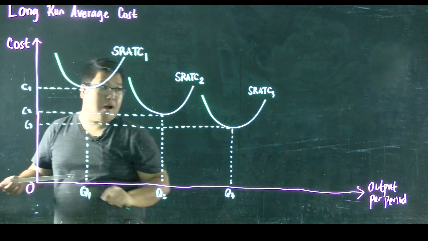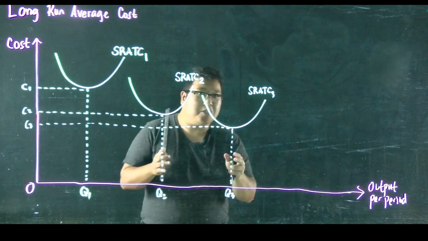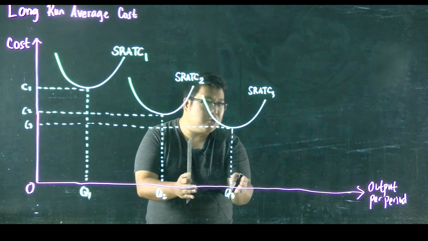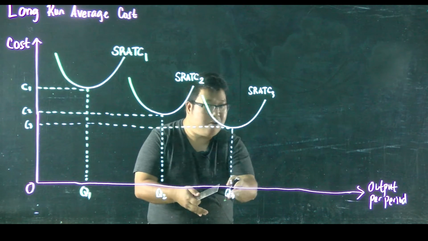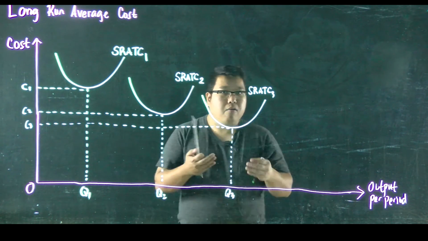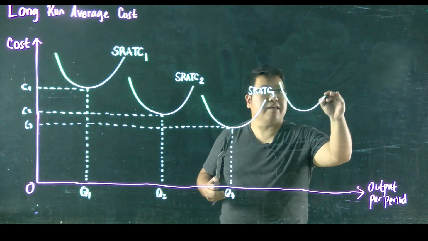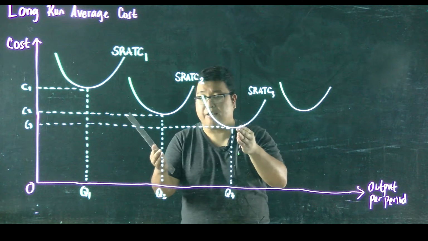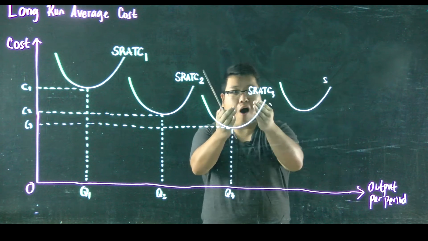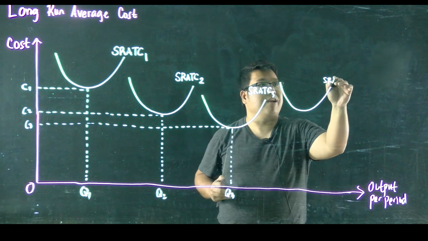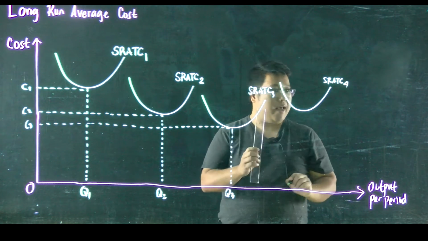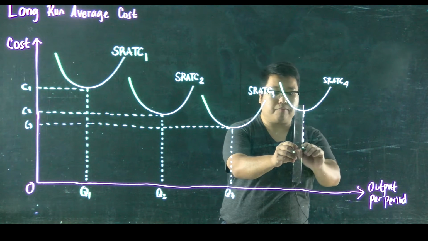So cost decreases. Now it's also possible that if the firm decides to produce more, beyond Q3, then cost may start to go up. So if the firm decides to increase its plant size beyond SRATC3, let's call this SRATC4.